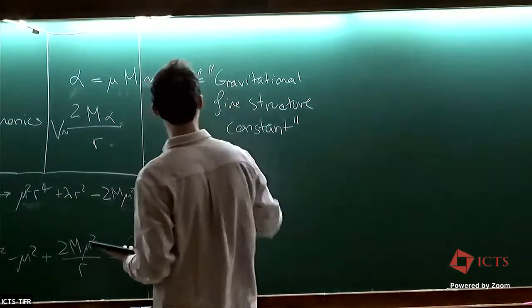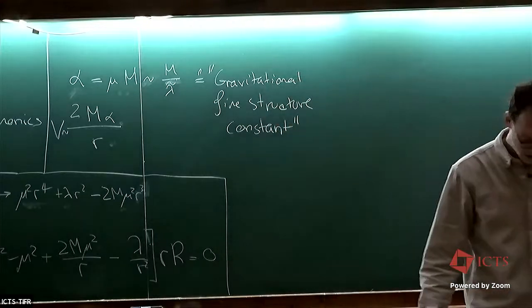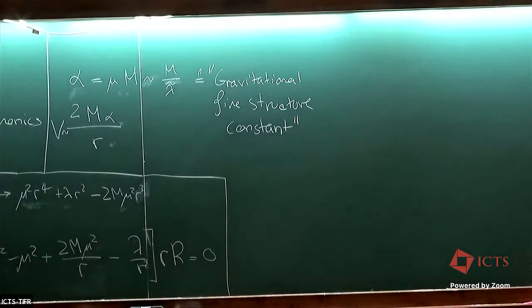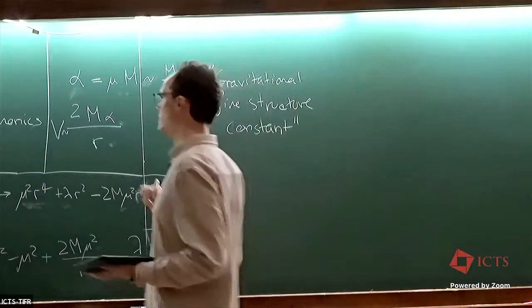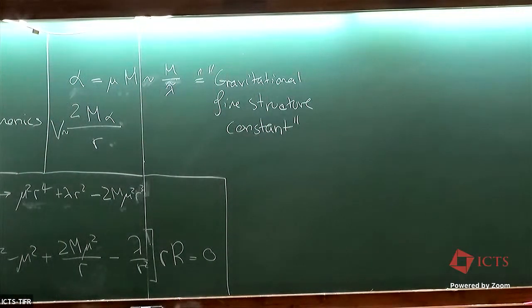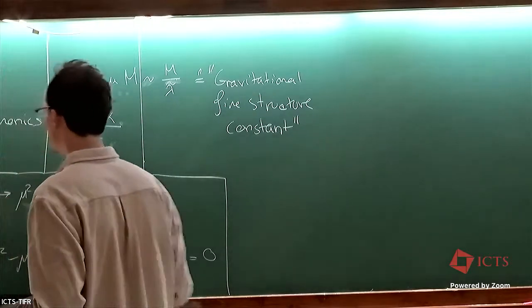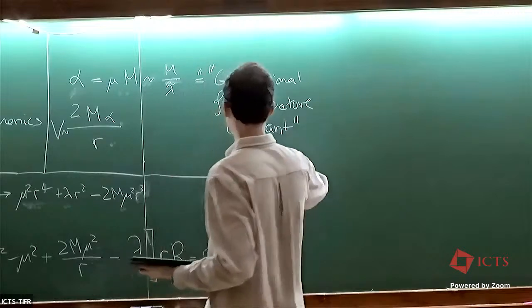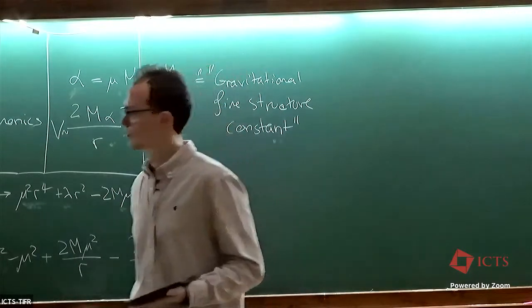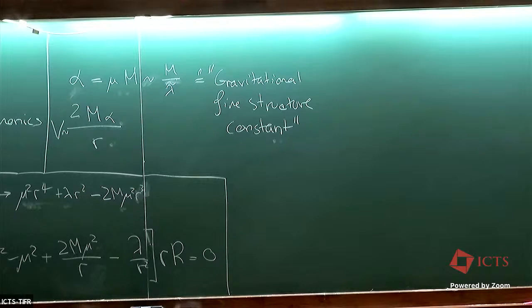Now, I'm going to place this in quotation marks because the terminology that swirls around this subject is very much tied to the fact that these equations do boil down to the hydrogen atom in this particular limit. And so people tend to use terminology like gravitational fine structure constant, bound states, and quantum numbers. But as we'll see, hopefully later today, but probably tomorrow, there are very essential differences between the hydrogen atom and this classical system.